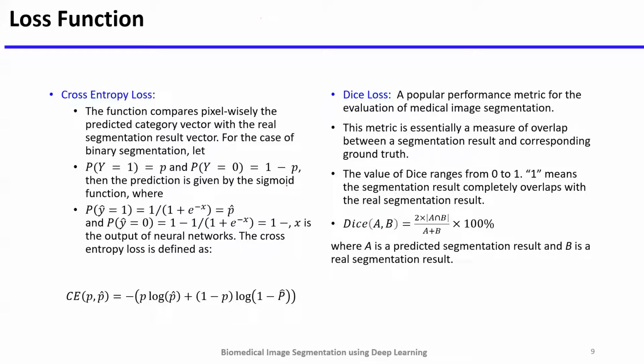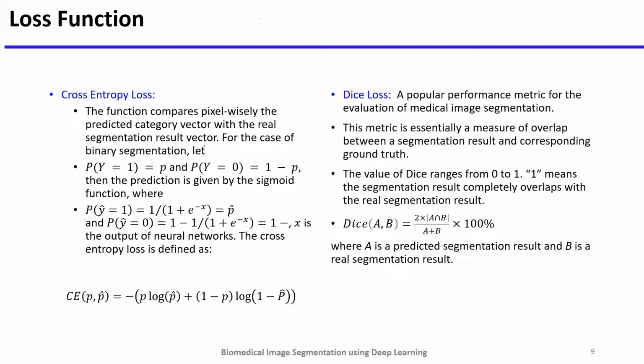The cross entropy loss, which is used for classification purposes from NN to deep learning models, is also used in the case of encoder-decoder architecture, U-Net architecture for image segmentation in biomedical images. And in this case, this error function compares pixel-wise the predicted category vector with the real segmentation vector.